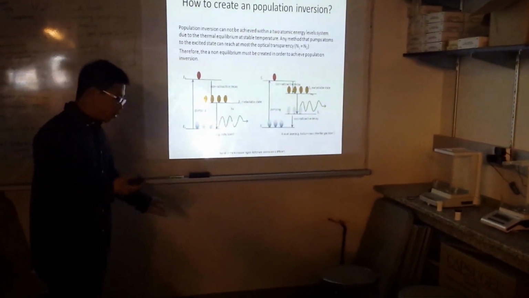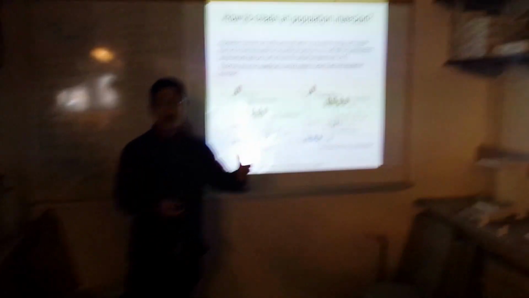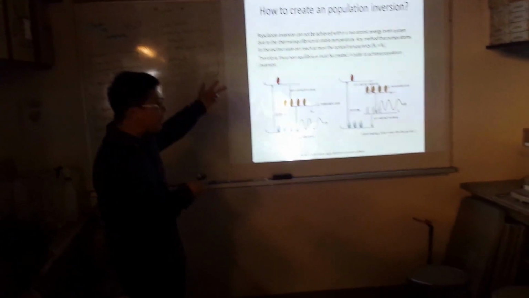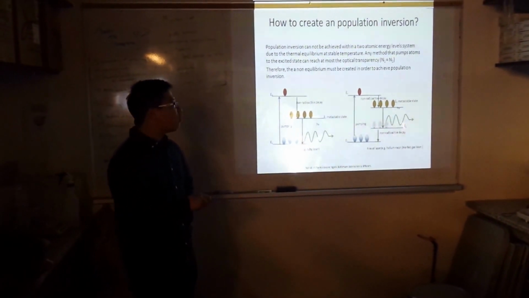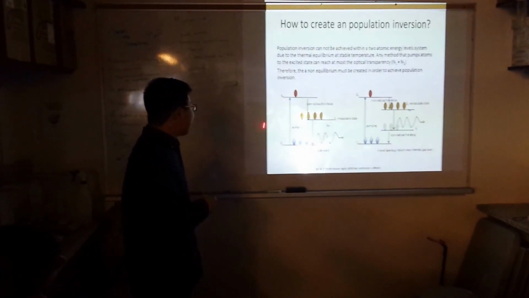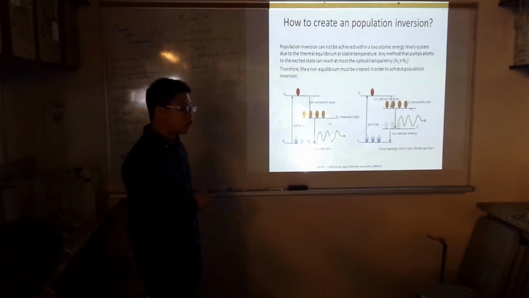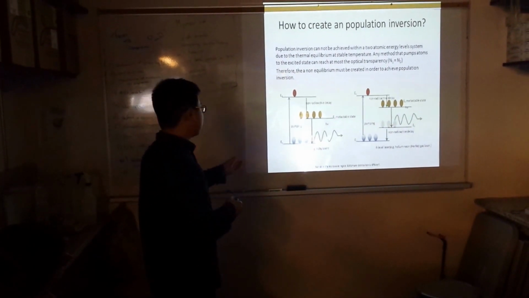So about 60 years ago, people thought outside the box. Instead of a two-level system, they found a three-level system or a four-level system. With this kind of system, population inversion can occur, and stimulated emission can occur.